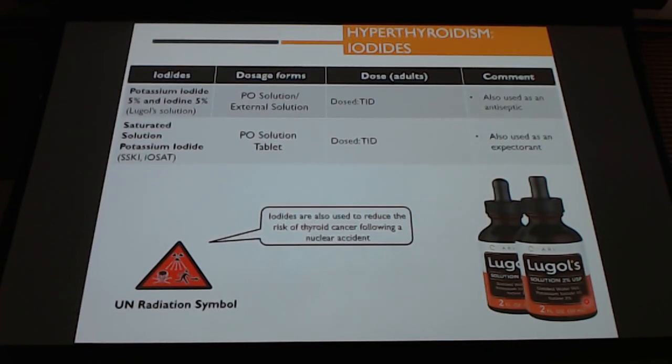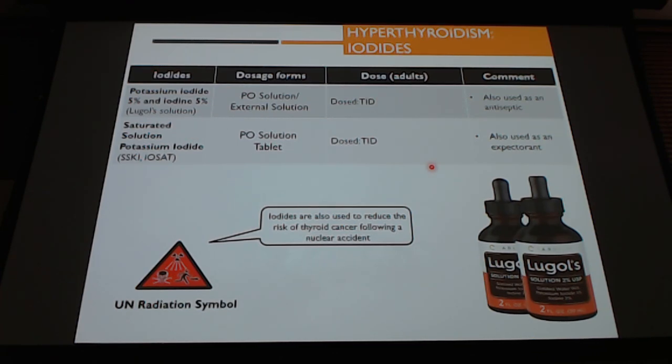Here are our drugs listed of what we have as our iodides. So I have my potassium iodide and iodine, which is called Lugol solution. We'll see this sometimes used as an antiseptic to prep patients. And then you have your SSKI, or your saturated solution of potassium iodide, that can come in a solution or a tablet form also.